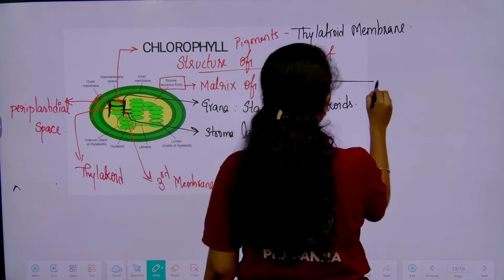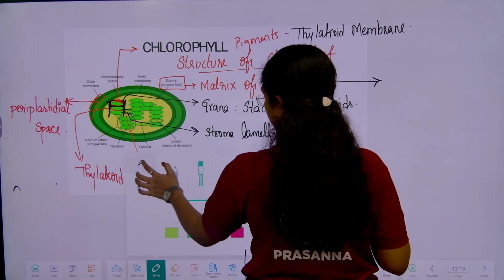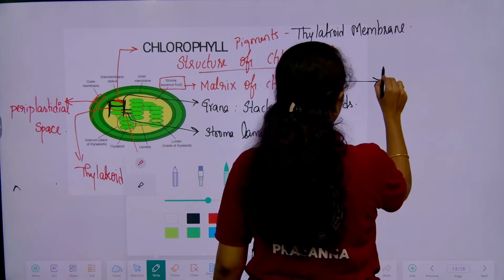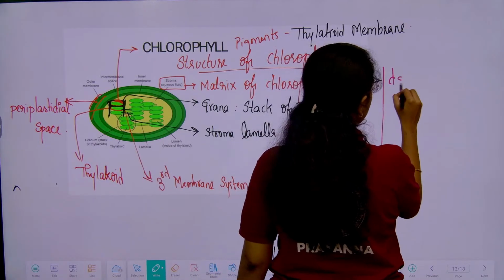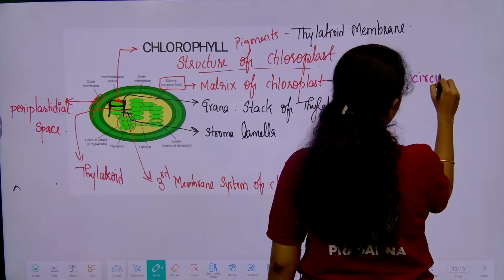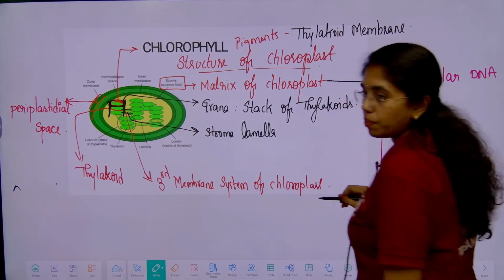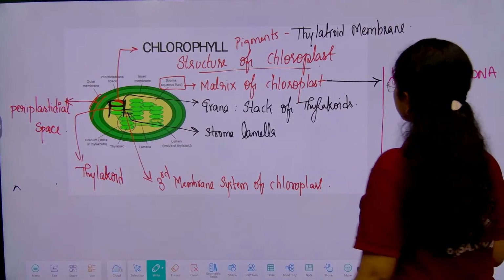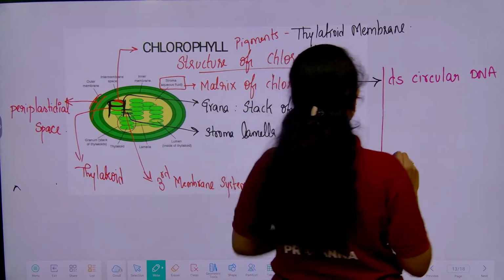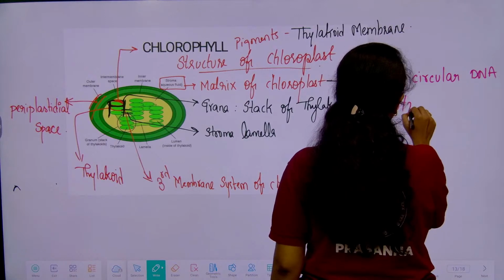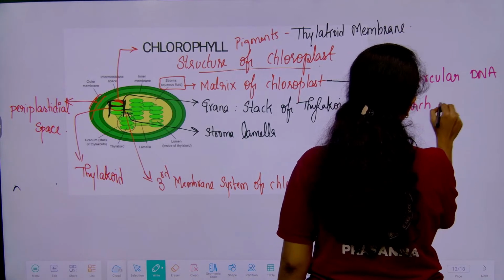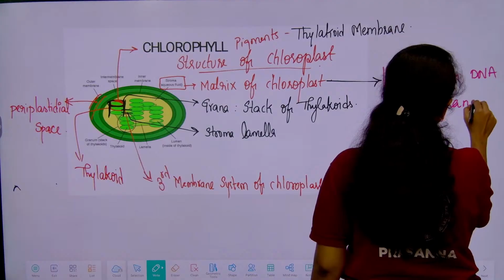It consists of double-stranded circular DNA, for which it is addressed as a semi-autonomous cell organelle. It has double-stranded circular DNA. It has starch granules as storage bodies.